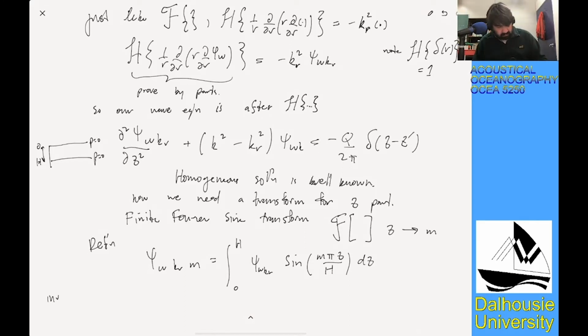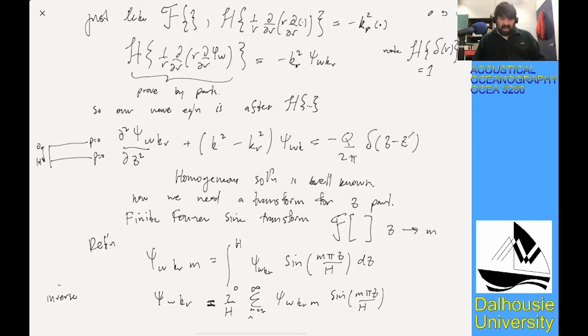The inverse, the one that brings us back to psi omega kr, is given by a summation: 2 over h, sum from m equals 1 to infinity, an infinite sum, of psi omega kr m times the same function, sine m pi z over h. Feel free to convince yourself that those are true inverses.